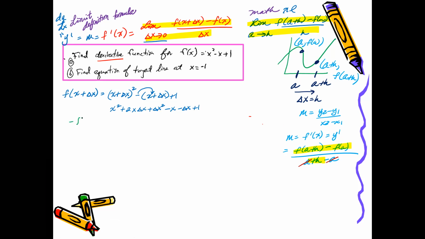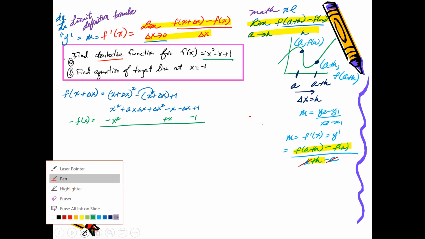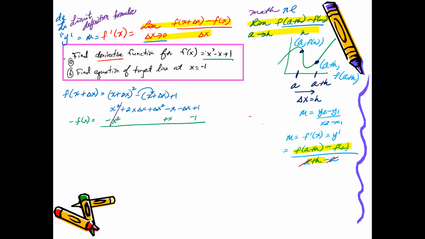Your negative f of x is going to give you the opposite of this: a negative x squared, a positive x, and a negative 1. I lined them up pretty nicely here, so you can just eliminate them directly. That brings you 2x delta x plus delta x squared minus delta x.